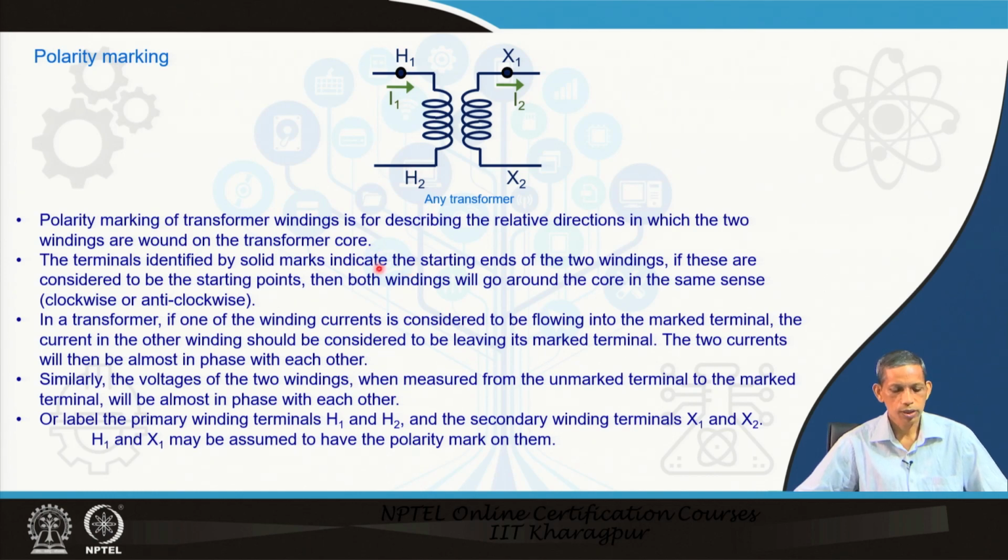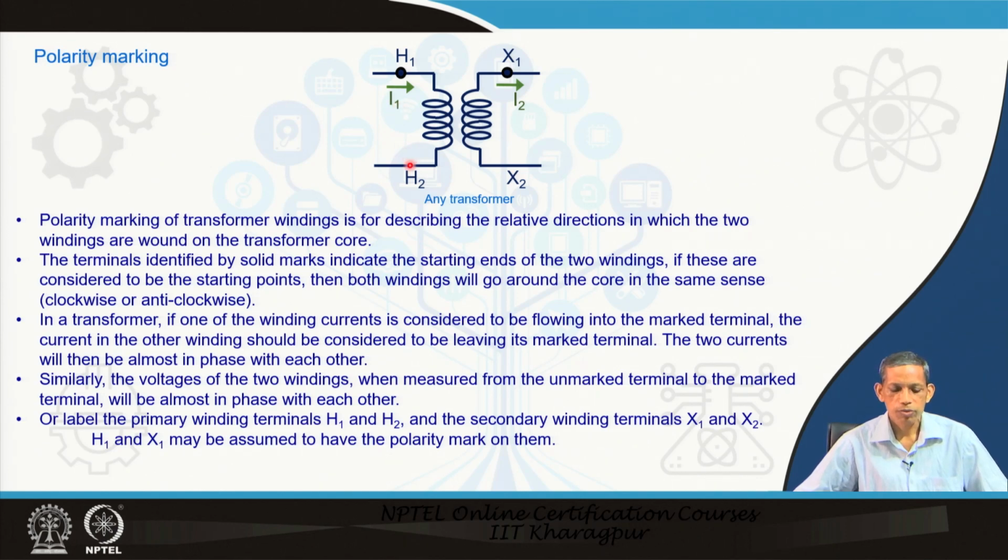In some cases, it is also marked as H1, H2 on the high voltage side, and X1, X2 on the low voltage side. This helps in the transformer: if the current is entering the marked terminal, the solid mark or H1, and the current is leaving from the marked terminal on the other side, then both the currents will be almost in phase.